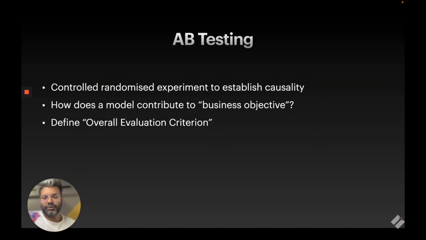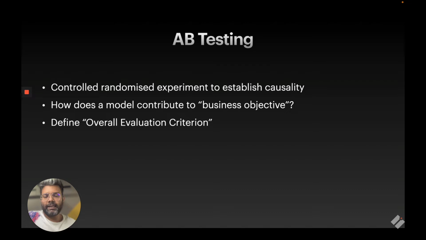Will it, for example, drive people to check out more as compared to the blue button? And then you expose a certain sample of your users to the new variant that you want to experiment with, and you run this experiment for a certain period of time, maybe a couple of weeks, a couple of months, depending on the use case and the actual experiment.